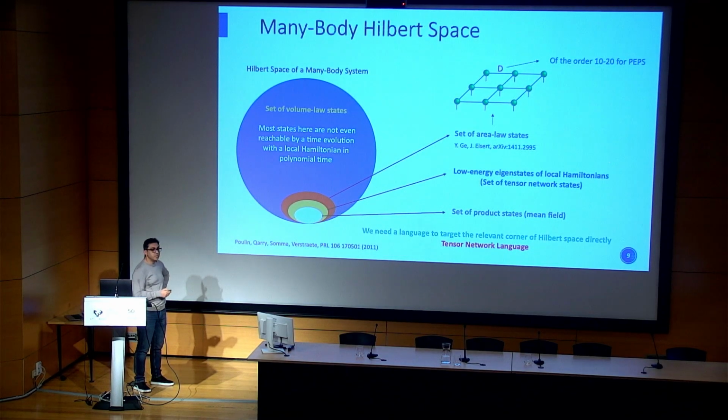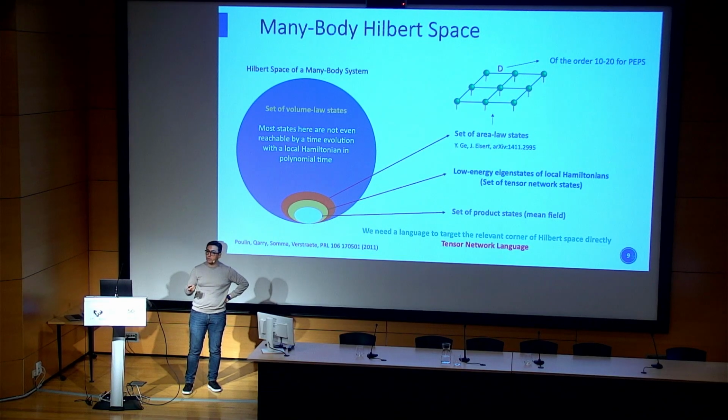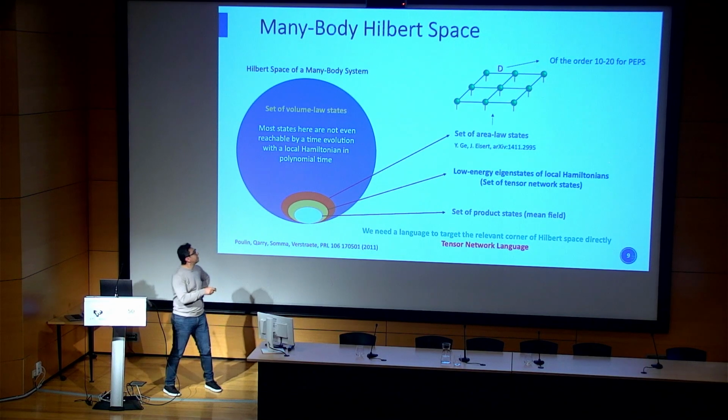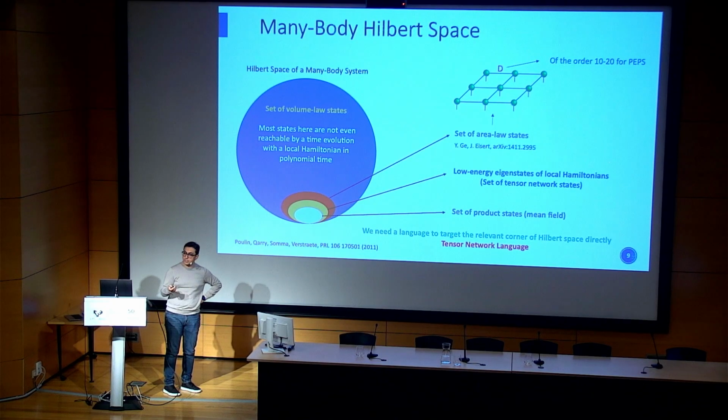Okay, but the question is: is it possible to represent any desired state in tensor network form? And the answer is no. As you see here, this D is the amount of entanglement that you have in your system. So tensor network representations are efficient if the entanglement in your system is relatively low.